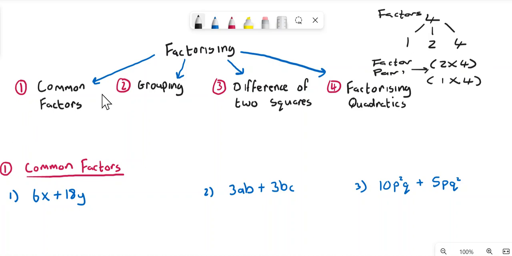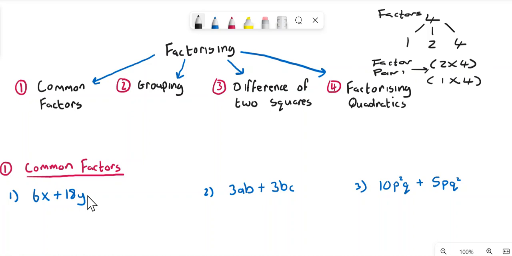So within this section, what we're doing is we're taking algebra expressions like these here, and we are getting the factors of them. They are terms that will divide in evenly into each of these, and then when you multiply them by each other, will give you the expression that we have here.